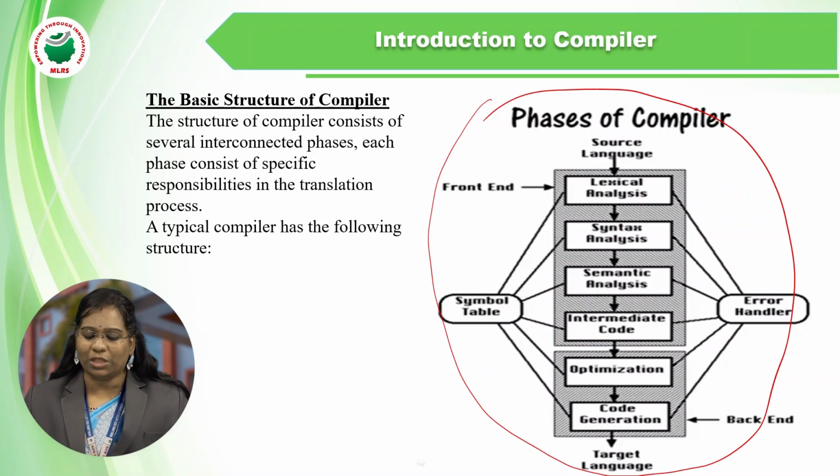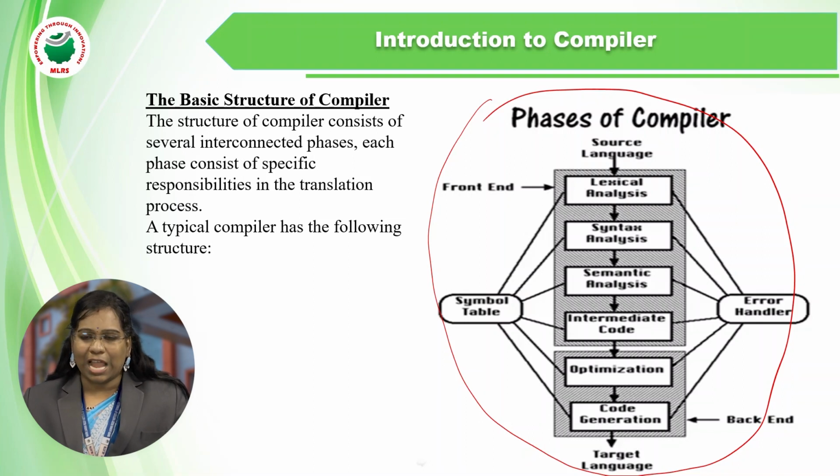Before moving to the first phase, that is the lexical analyzer, we need to know, as already discussed, that the source language is the human language written by humans with error codes. We need to rectify those error codes by using all these phases.